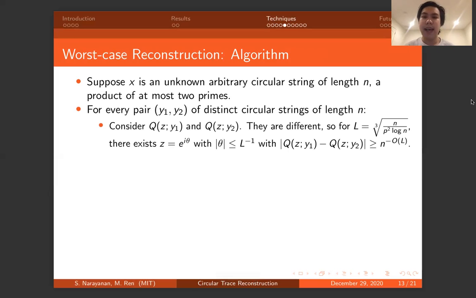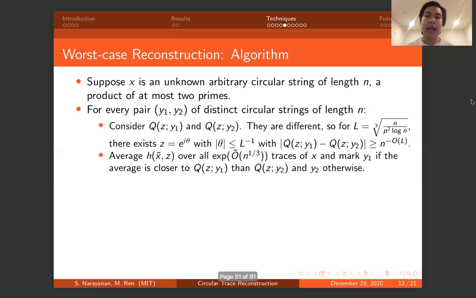Because n is the product of at most 2 primes, the two polynomials are different. For this certain choice of the parameter L, we can look at the arc on the unit circle and find some z along that arc such that qzy1 and qzy2 differ by a large enough amount. Then we can average our unbiased estimator over all the traces of the unknown string, and look at whether the average is closer to qzy1 or qzy2.